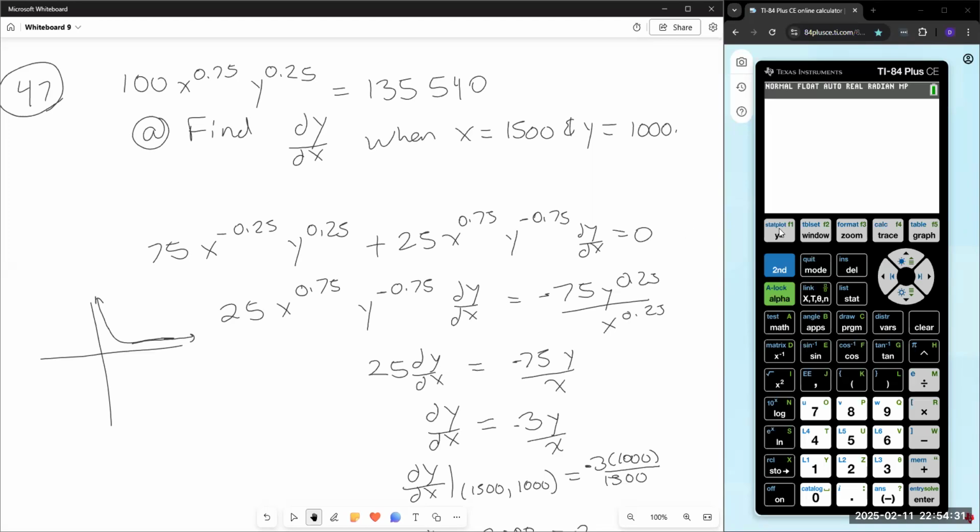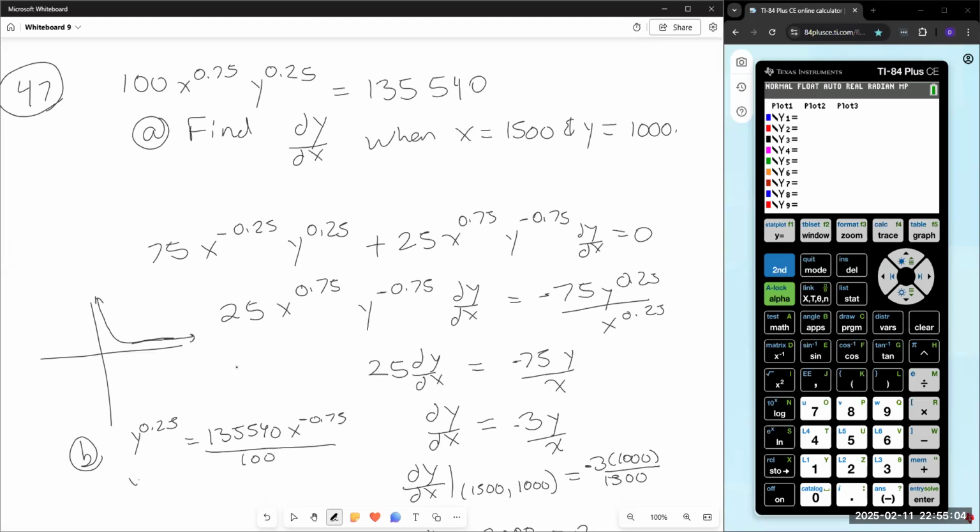Let's go ahead and try and graph this. I'm going to have to do a little bit of manipulation to solve for y here. So I'm going to write this for part B as y to the 0.25 is equal to 135,540 x to the negative 0.75 divided by 100.